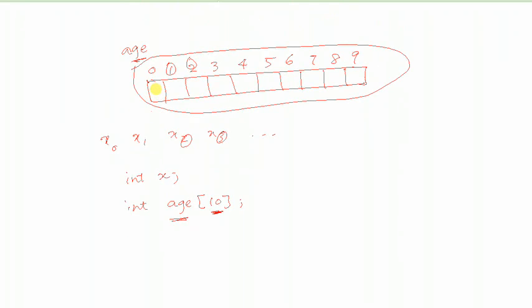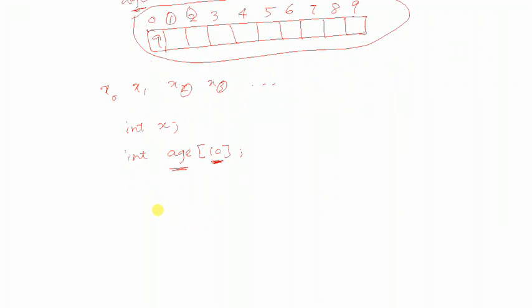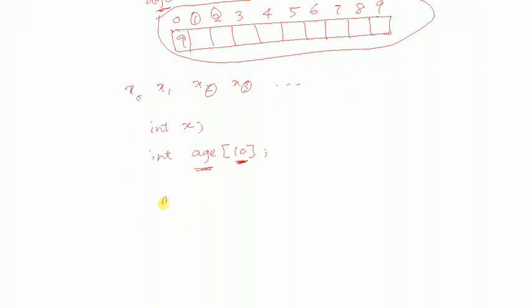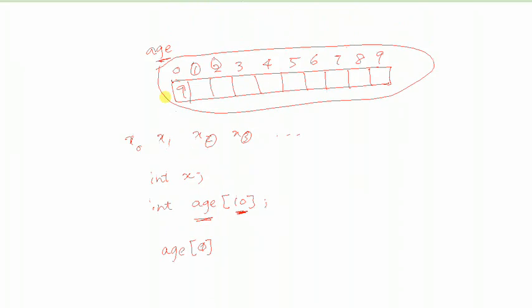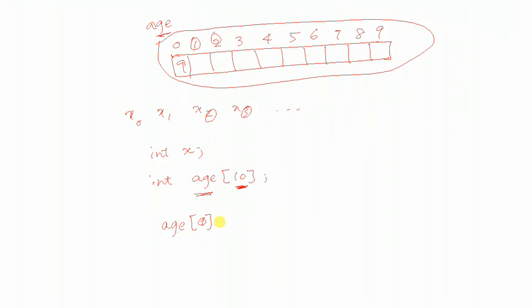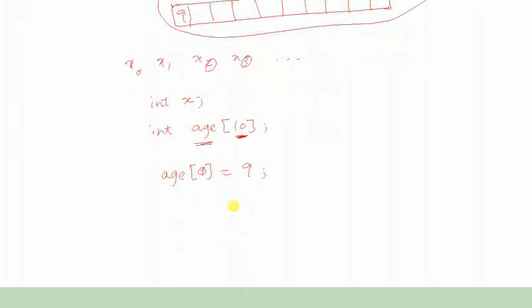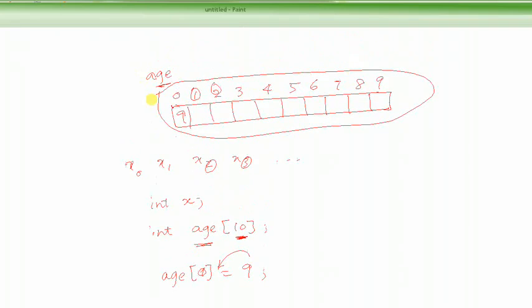And how are we going to access each of these elements? For example, if I want to make this 9 years, I say age of 0, whatever the subscript is, we read it as age of 0, which is the 0th element, is equal to 9. That puts 9 into age of 0 right here.